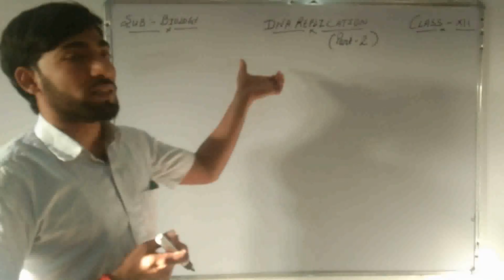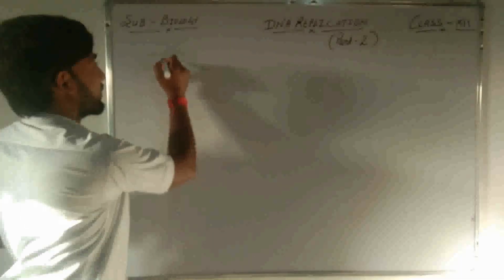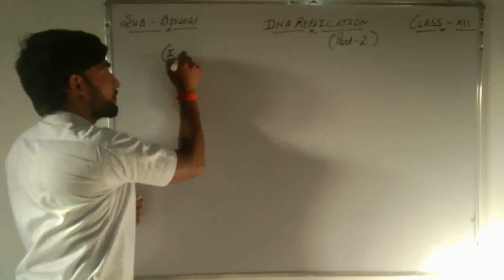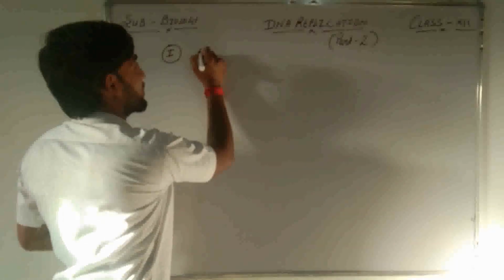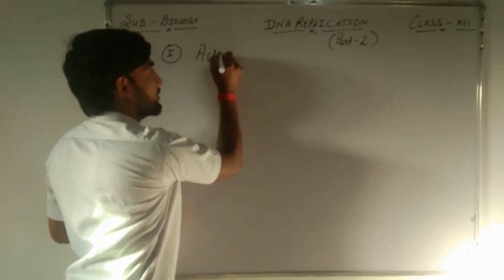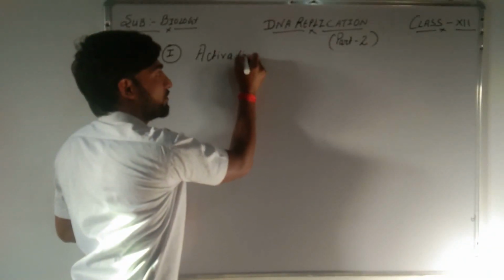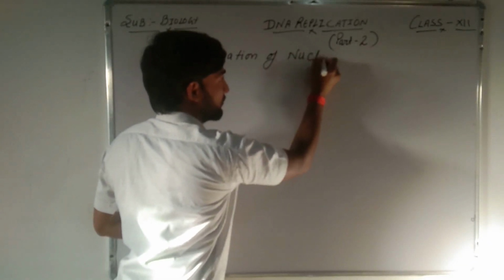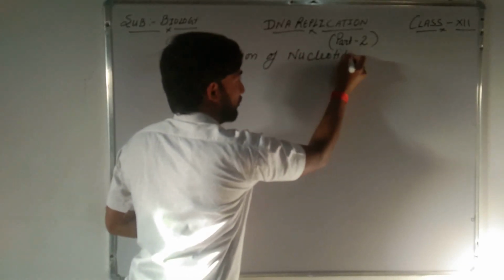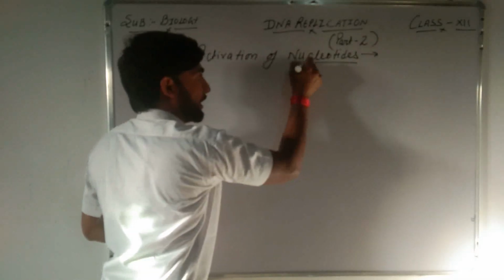So the first step of DNA replication is activation of nucleotides, that is activation of DNA nucleotides. Now, what are these nucleotides?